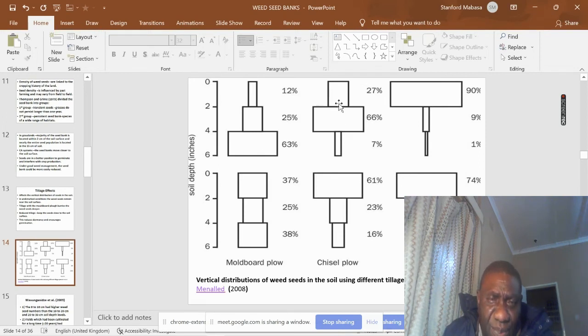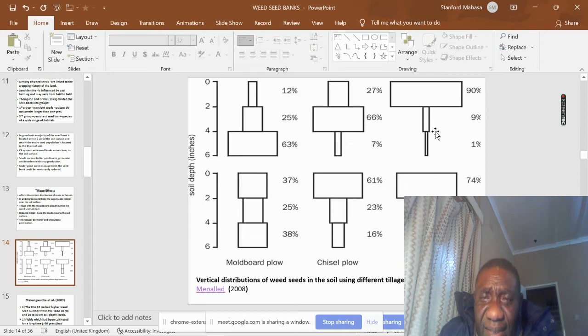With the chisel plow, which is of less soil disturbance, we may have this kind of distribution where you have more seeds at the center and at the top, fewer seeds at the bottom, or we have got more of the weed seeds near the surface and they decrease as you go down.